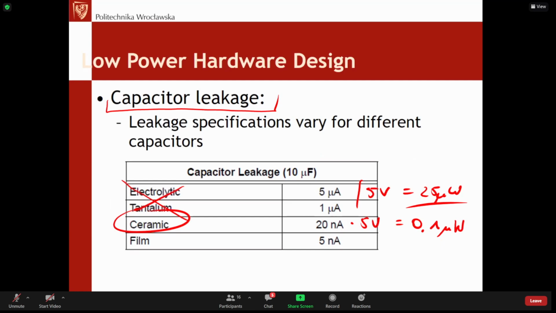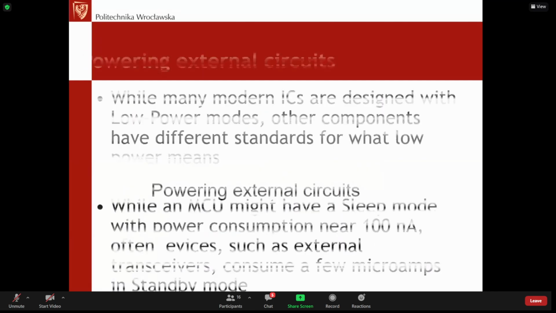Yes, this was of course a simplification, because if we talk about low power hardware design, we should do some thinking and choose which ceramic capacitor is really necessary and which one we can get rid of, because each of them delivers some unnecessary leakage.